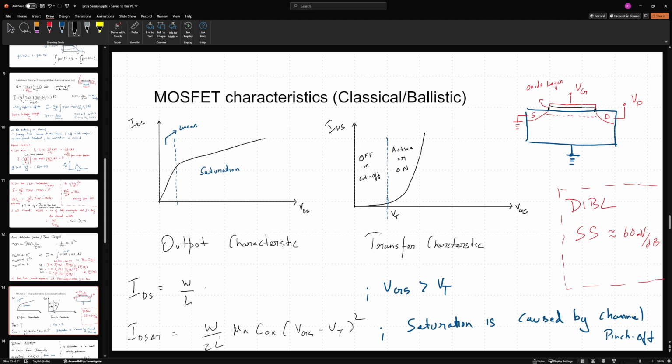W divided by L times Cox, which is typically given per unit area, into VGS minus VT.